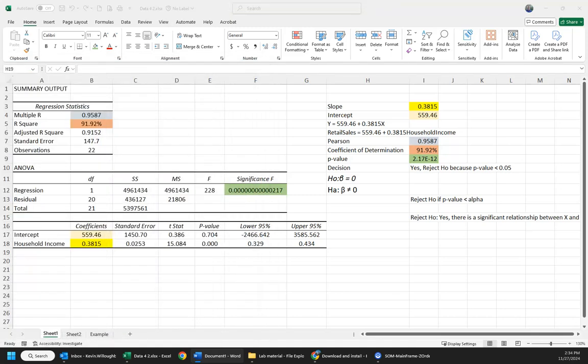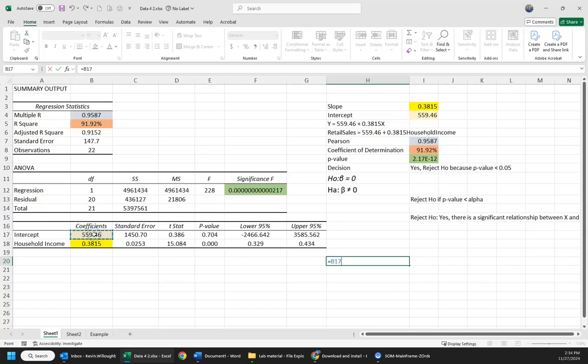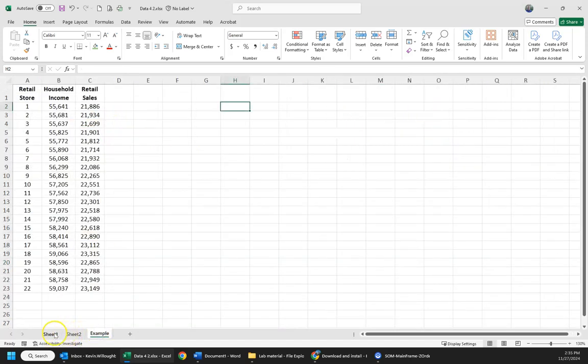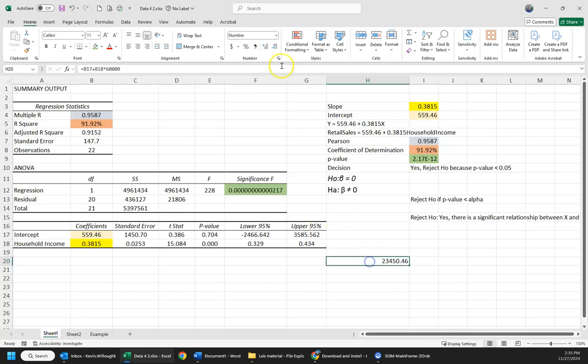Let's do that first. Basically, we're going to go back into this regression equation here and substitute in 60,000 for x. So we can do that by going intercept, click on the value of intercept if you want, plus slope times 60,000. And that would be our expected retail sales.